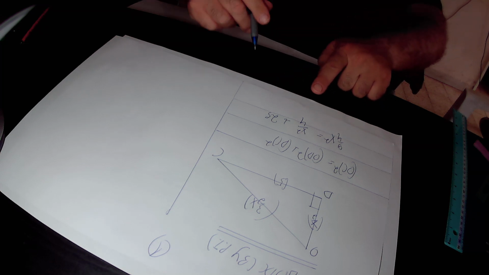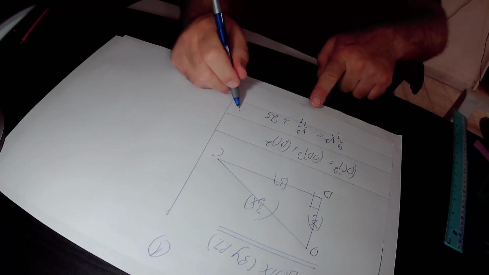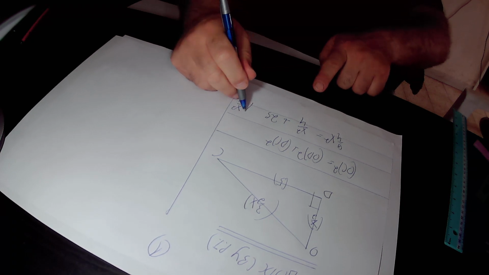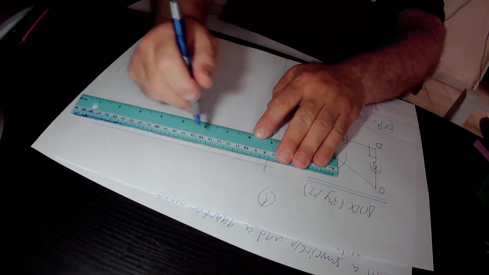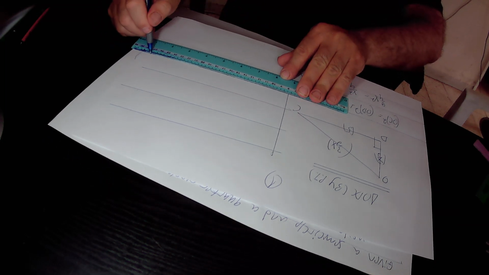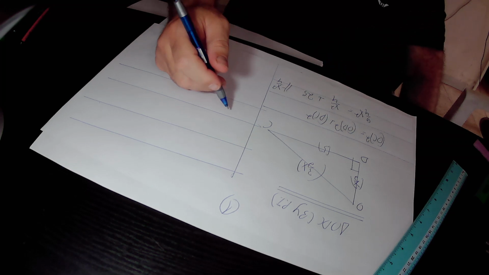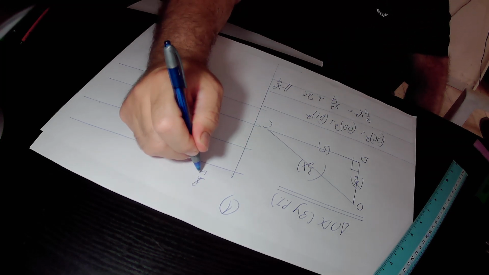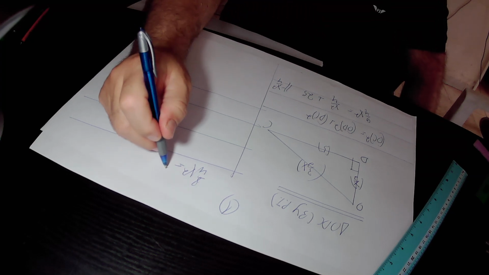Here we subtract x squared over 4 from this equation, and we get that 9 quarters x squared minus 1 quarter x squared equals 8 quarters x squared, and it equals 25.